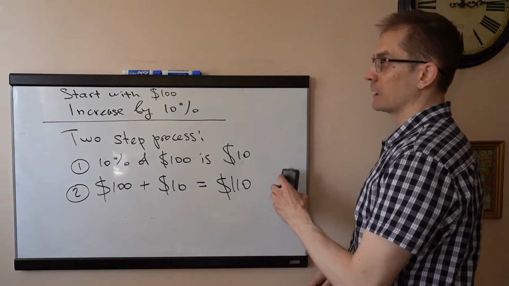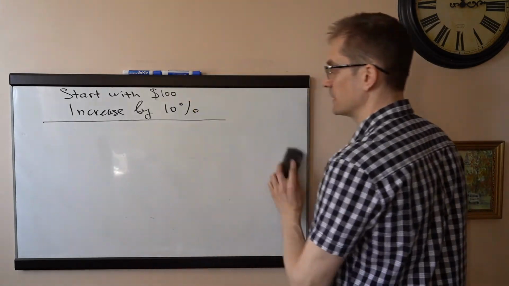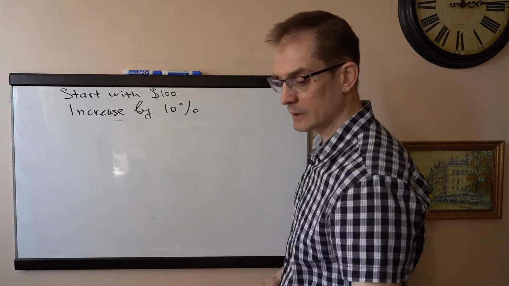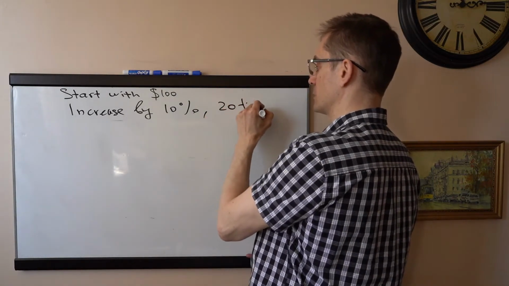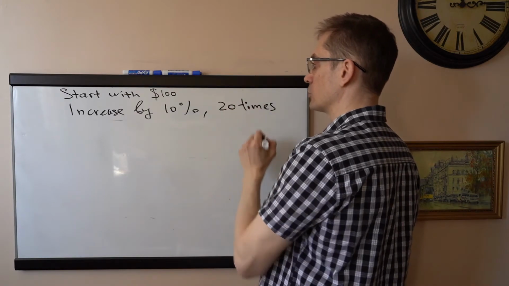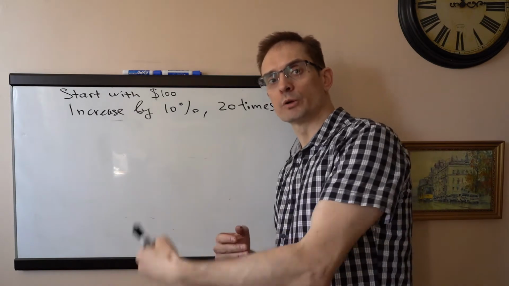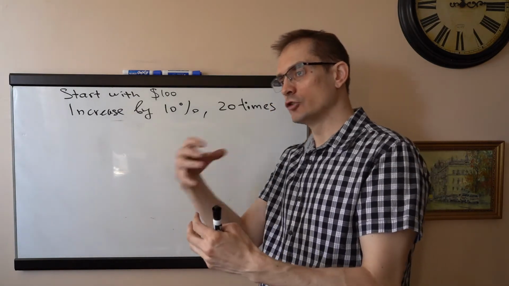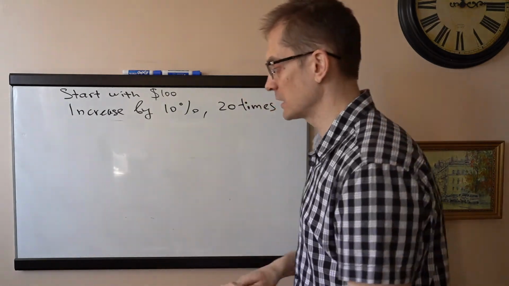Let me modify this problem a little bit, and I say start with $100, increase by 10%, 20 times. In other words, I want you to go into a compound process. Every time you increase by 10%, you need to take that new amount and increase by 10% again, and again, and again.